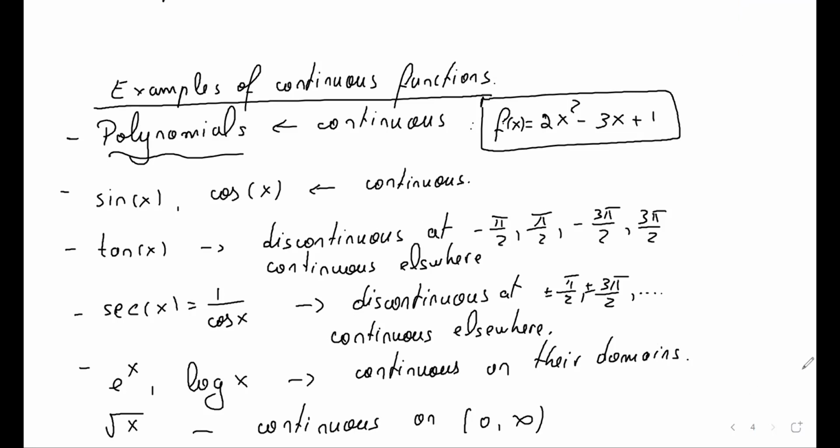Now there's another selection of functions that is not continuous. Well, it's continuous almost everywhere, but not all over the place. And those functions are the rational functions. We are going to deal with these as well.